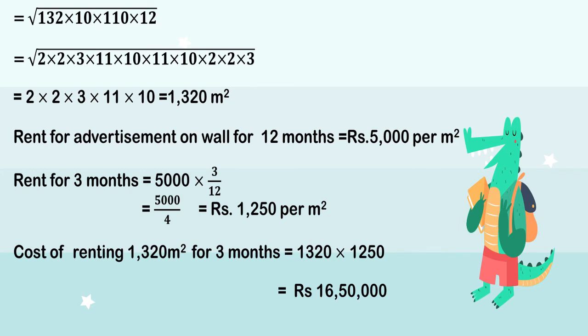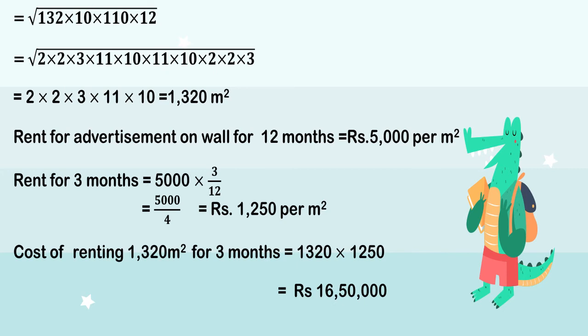Now I am given that the rent of advertisements for 12 months is 5000 per meter square. So what will be the rent for 1 month? The rent for advertisement of 1 month will be 5000 divided by 12, because 12 months cost me 5000, so 1 month will cost me 5000 divided by 12.